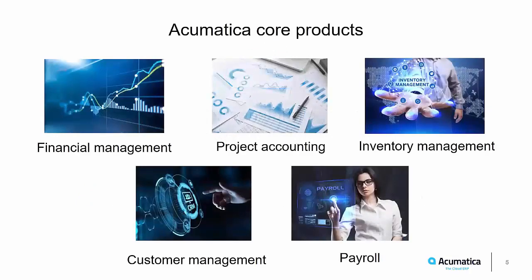In our second session, we covered financial management. Today, we're going to be focusing on inventory and the modules surrounding inventory, which include CRM, sales order processing, purchase order management, and inventory control.